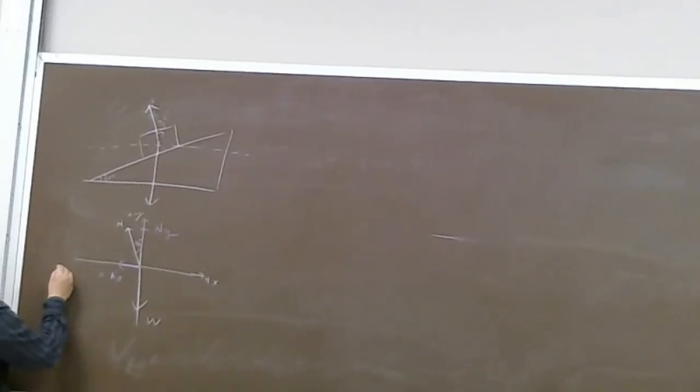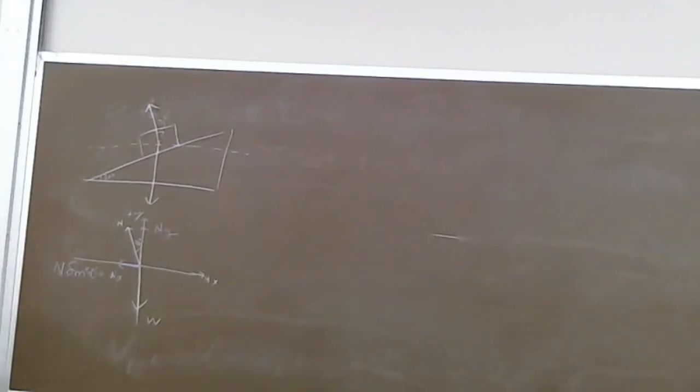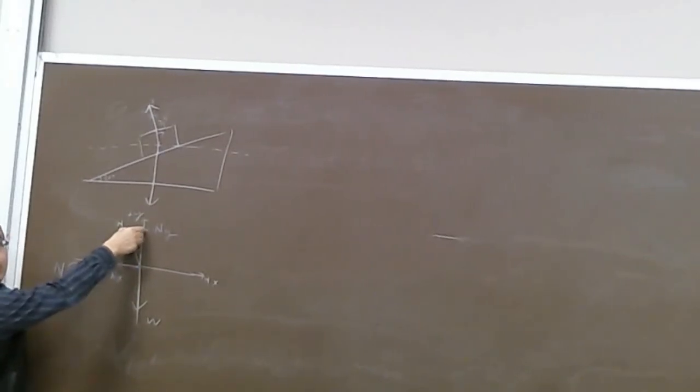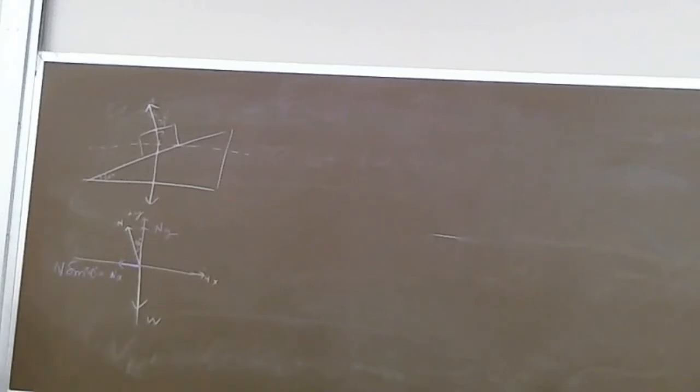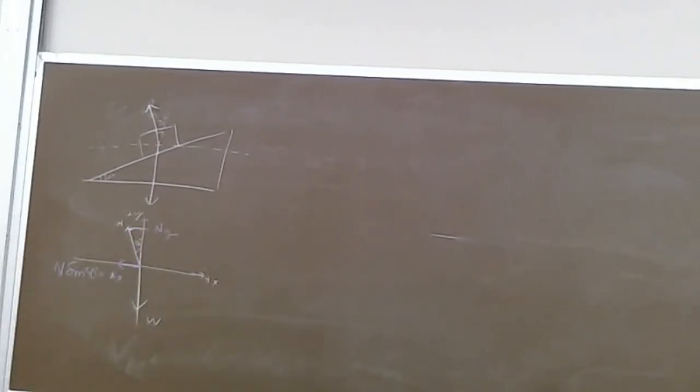Sine. Please note that in this case, the x component is N multiplied by sine 30 degrees. Any question here? The reason is that this one should be the same as this one, and this is opposite, so this is also Nx, opposite to the angle.